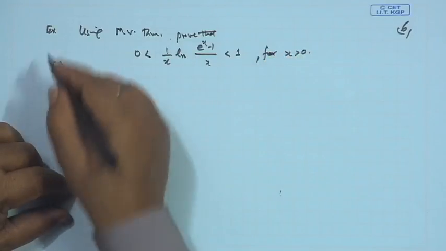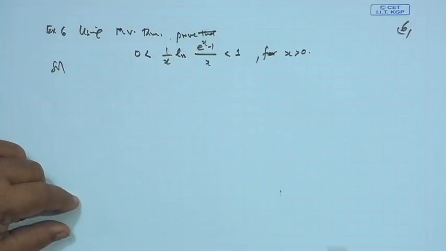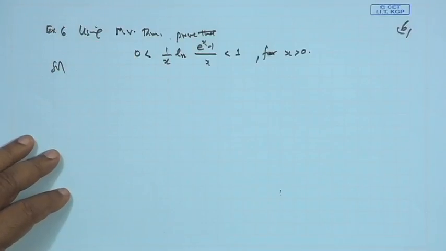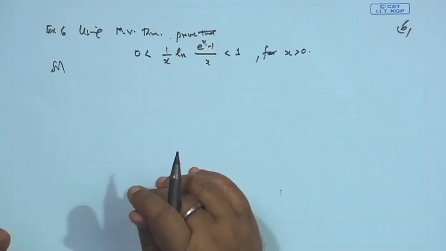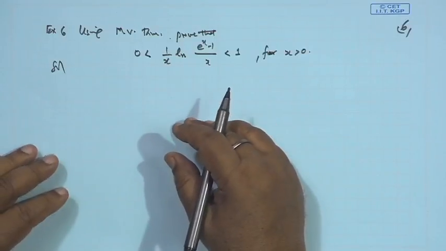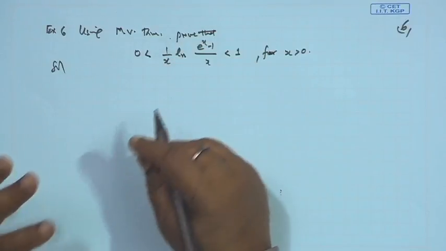So, let us see the solution for this. This inequality we want to derive with the help of the mean value theorem. In fact, Lagrange's mean value theorem will help you.